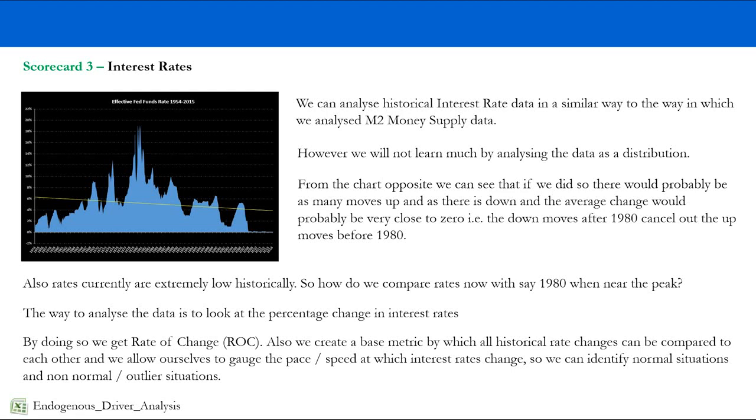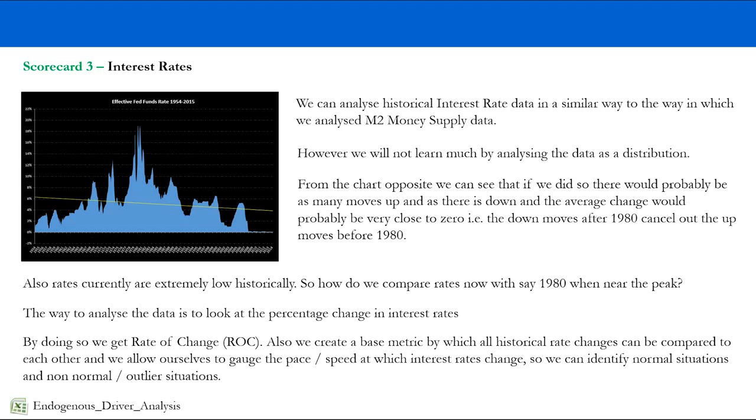There are lots of positive data points between 1954 and 1980, followed by what seems to be as many negative data points. So by analyzing the data as a distribution, we'd probably end up with as many moves up as down, and the average change would be very close to zero. The down moves after 1980 would basically just cancel out the up moves before 1980.